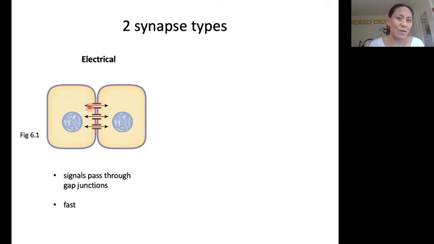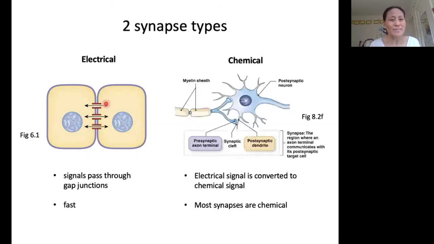It's almost as though they were acting like one cell, okay? And this is very fast because you just have to go through that channel, that gap junction there, okay? So that's pretty much all I'm going to say about electrical synapses, possibly for this whole course.